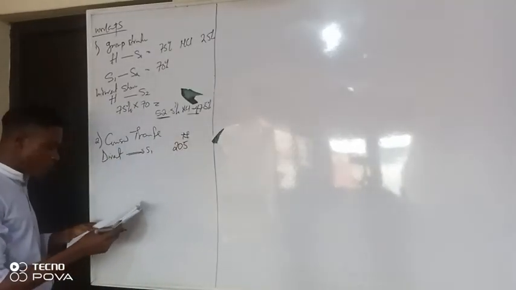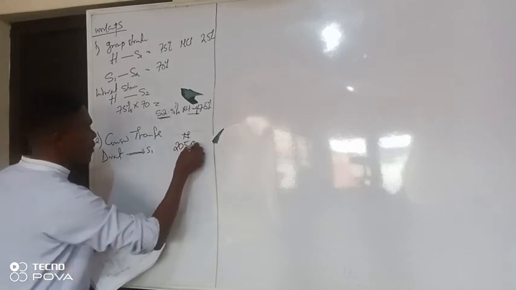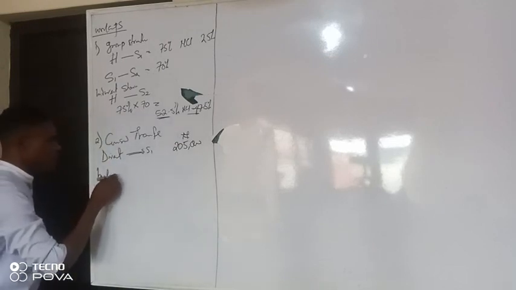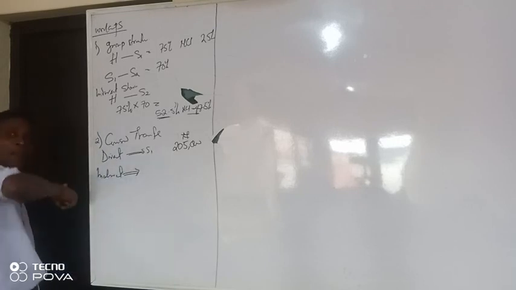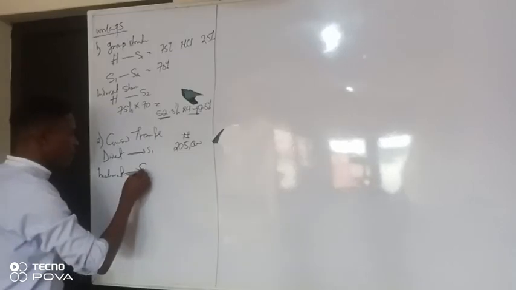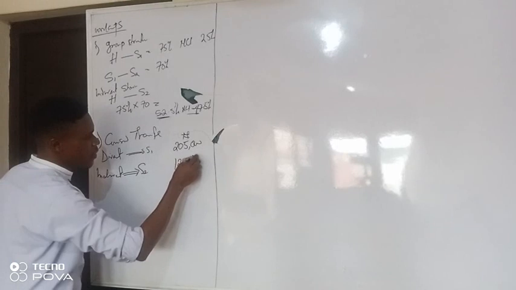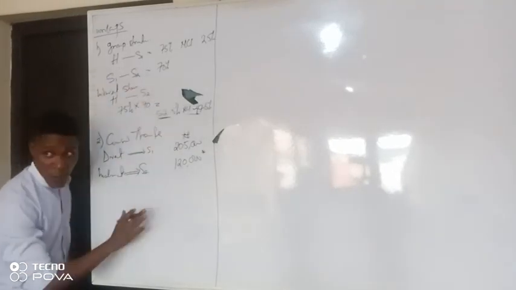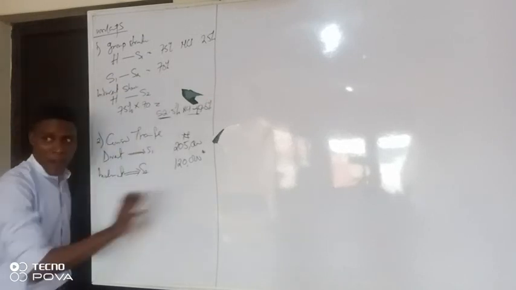Then the indirect: how much did S1 pay to acquire S2? 120,000. Please, be very careful with this. I will explain what to do with it later. But the amount that S1 paid for S2 is 120,000, and the one paid directly for S1 is 205,000.